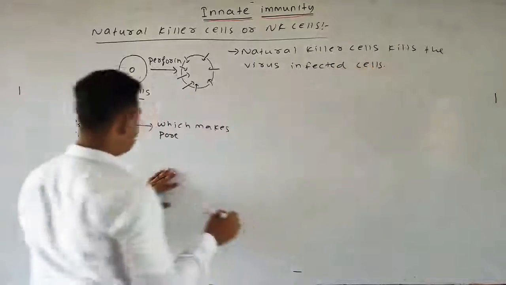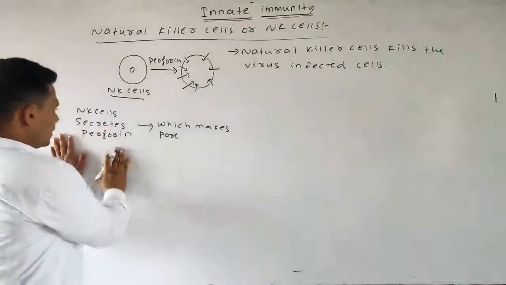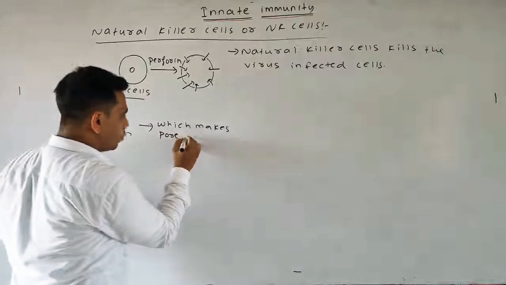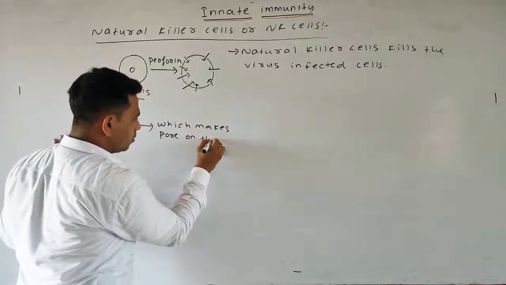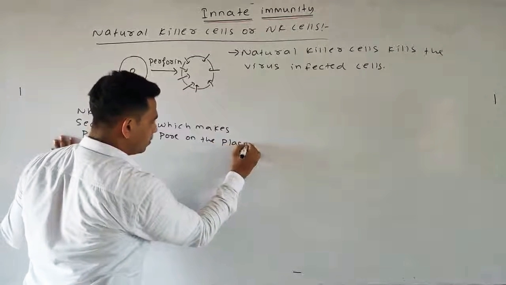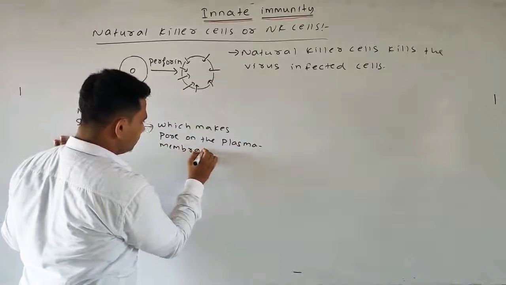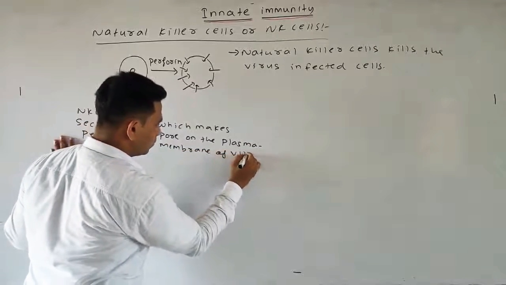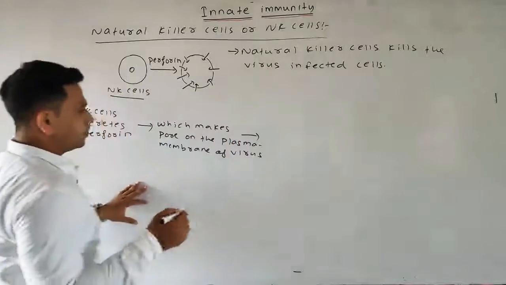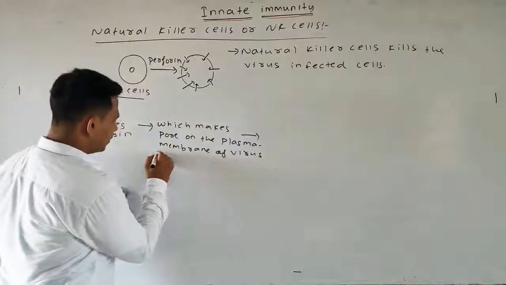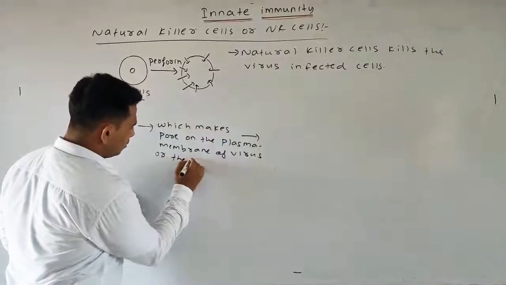Okay, so see here, as the NK cells get activated, they secrete perforin which makes pore on the plasma membrane of the virus.